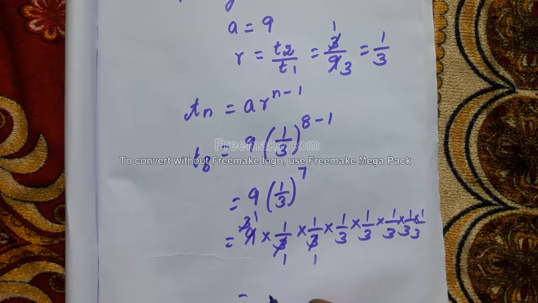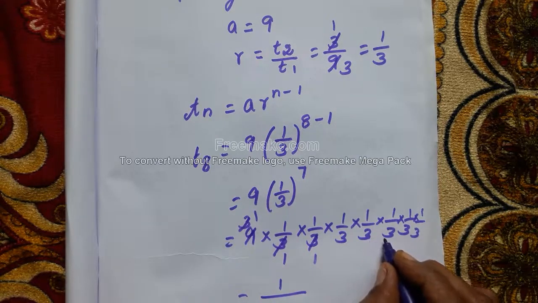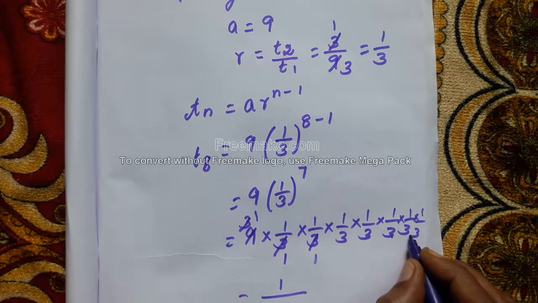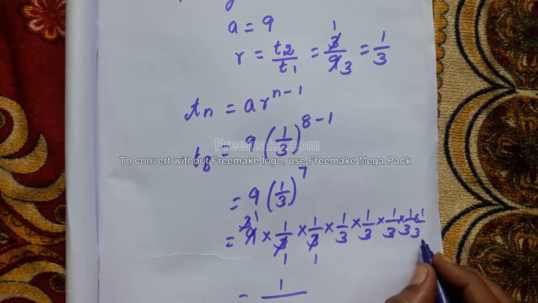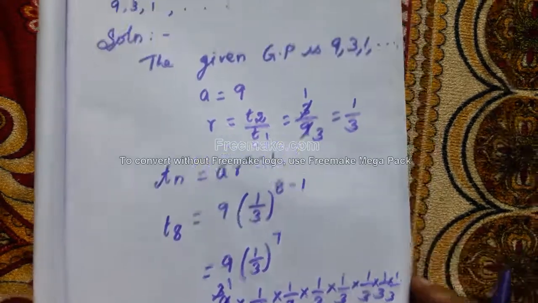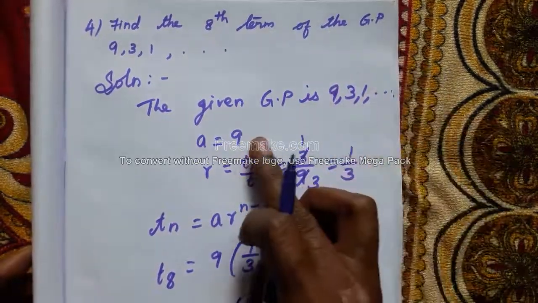Next, we have to multiply 1 by 3 3s are 9. 9 3s are 27. 27 into 3, 81. 81 into 3, 243. This is the 8th term of a GP. Clear, students? 8th term of a GP we have to find out.